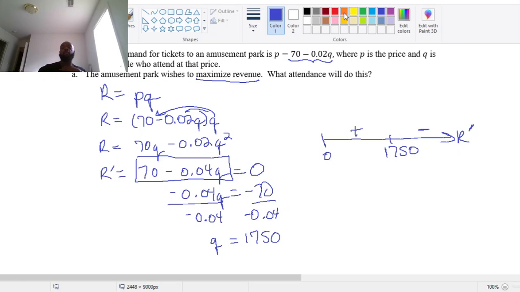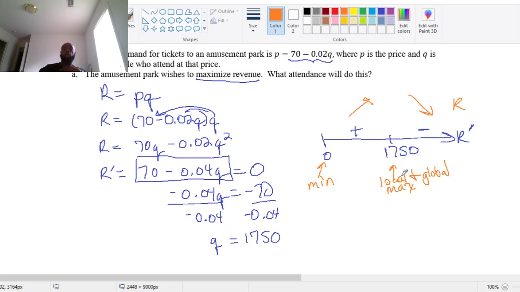And so that means that my revenue function is increasing on that interval and decreasing on that interval, which makes this a max. And also, since my derivative is positive right after 0, it makes that endpoint a minimum. So not only is this a local max, it's also a global max.